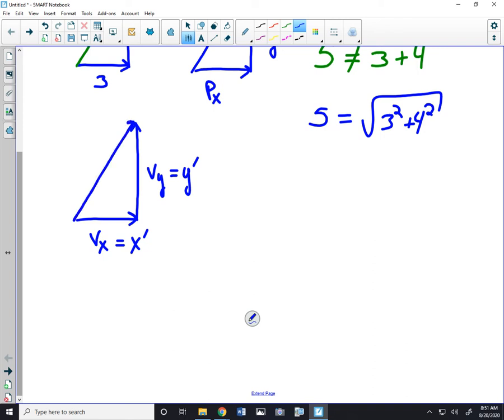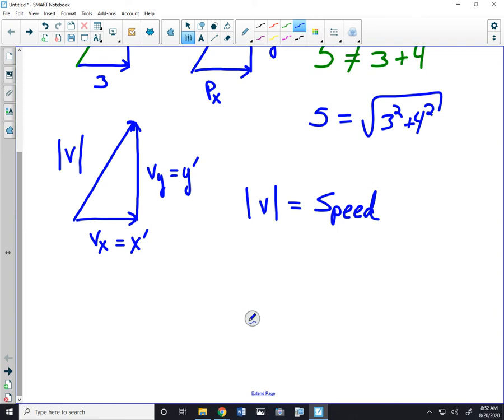And when I add those up, I get the absolute value of the velocity or the magnitude of the velocity. Otherwise known, see if you remember this, I'll give you a second to think about it. What did we call that last year? Okay. We called that speed. So the magnitude of velocity is speed.